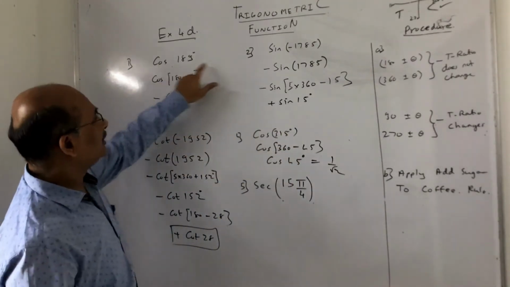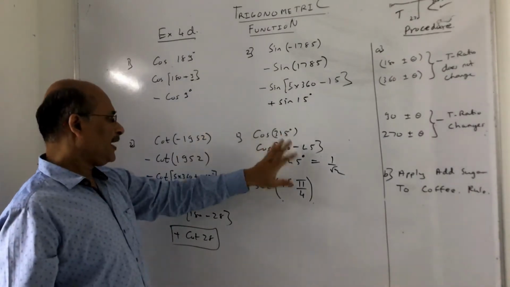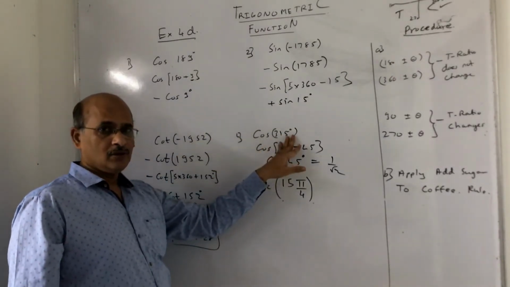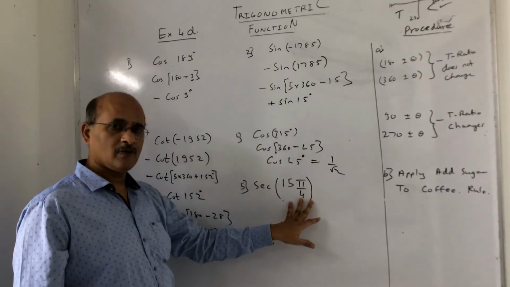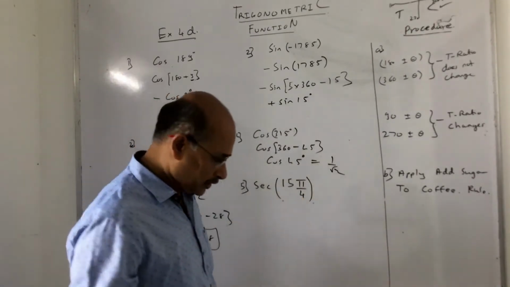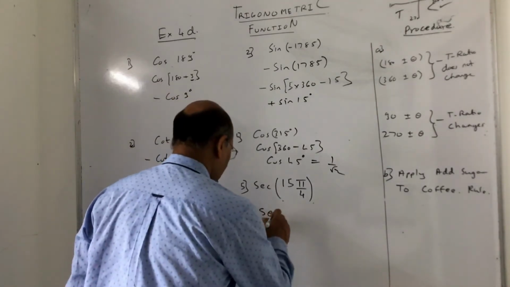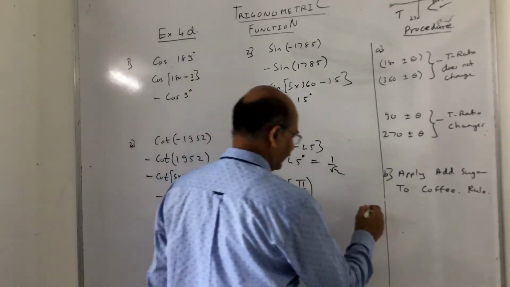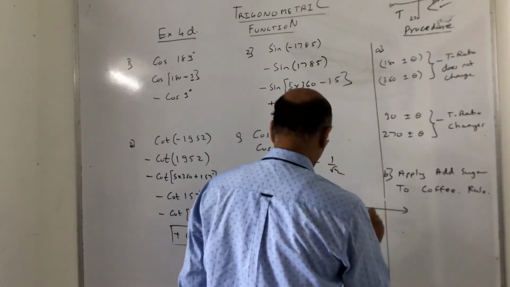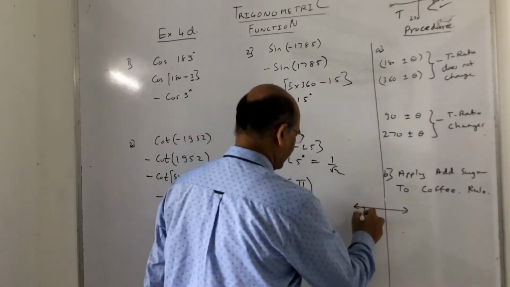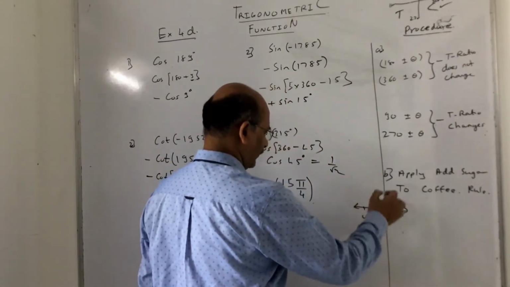Now in all these cases, they are given in terms of degrees. Here it is given in terms of radians. So a little bit of thinking is required. Now look at this. These are the angles. It starts from 0 degree, 0, 45, 55.